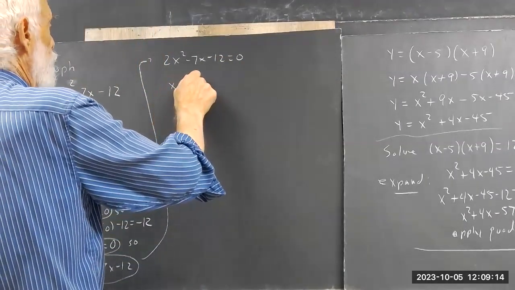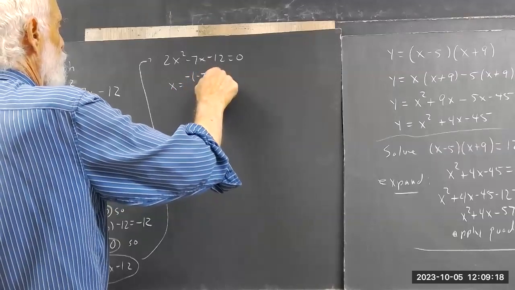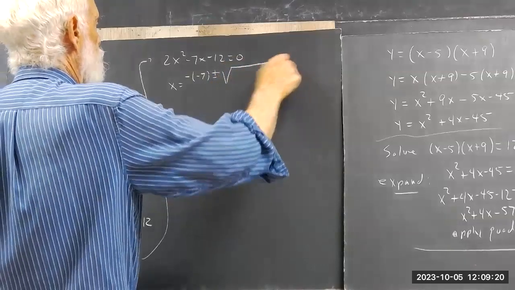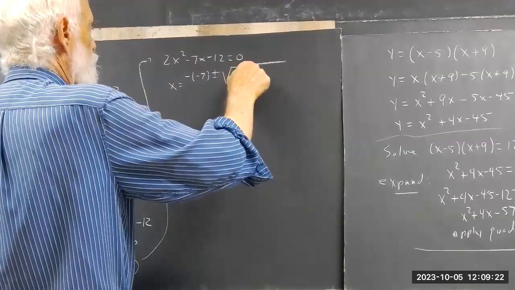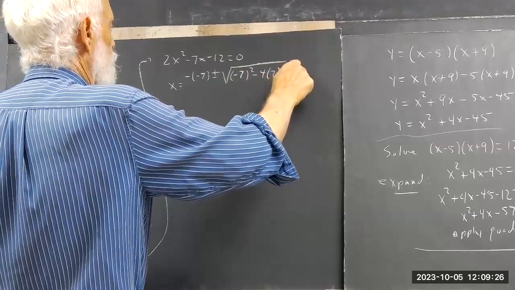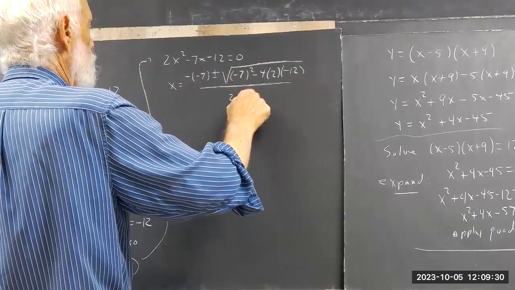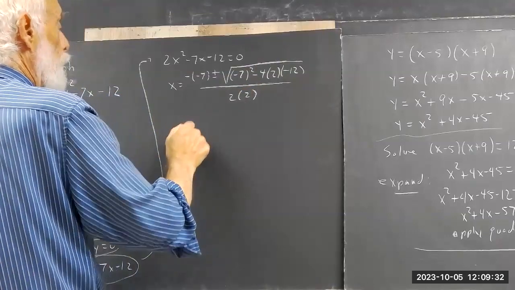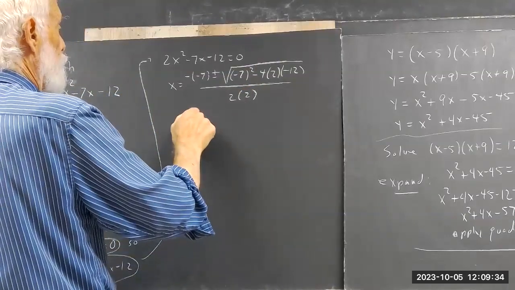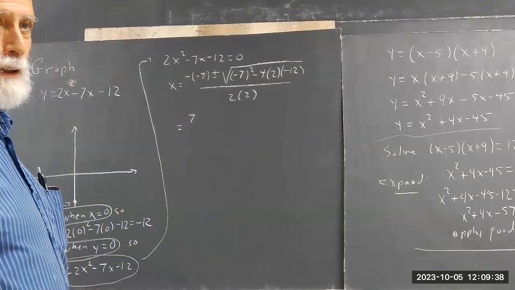x equals the negative of negative 7 plus or minus the square root of negative 7 squared minus 4 times 2 times negative 12, divided by 2 times 2. You know how to use the formula, so I'm just going to mess it up for you rather than you do it right.